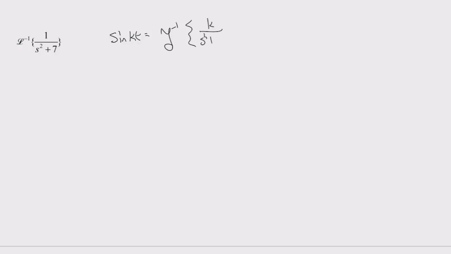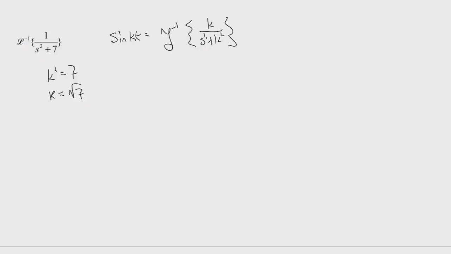So s squared plus k squared. Okay, so what does that tell us about k? Well, that says that k squared has to be 7, so k itself has to be the square root of 7. Okay, and then we have that issue that we have a number 1 up in the numerator, and I need to have k up in the numerator, so it's the same trick where I multiply by a constant, divide by a constant, and that gives me what I need.